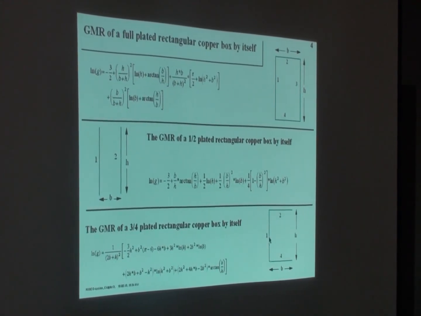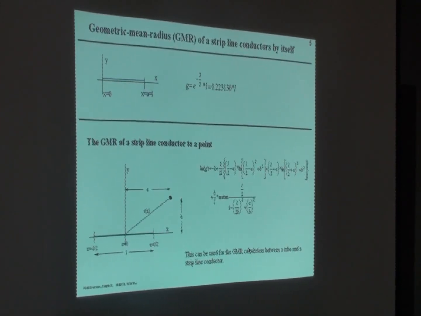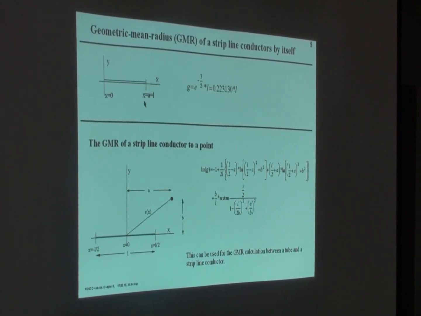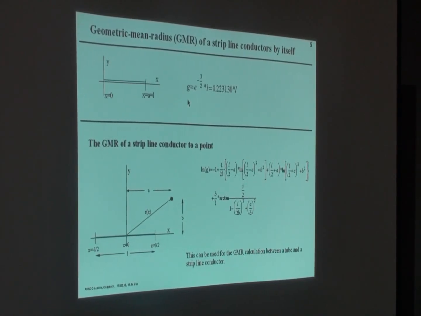So, we now have to look at the next one. This is a simple formula for the geometric mean radius of a strip line conductor of itself. It's only a factor 0.2231 times the length, and a point to a strip line conductor.